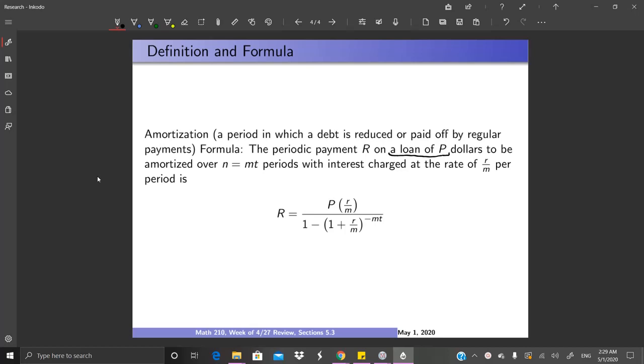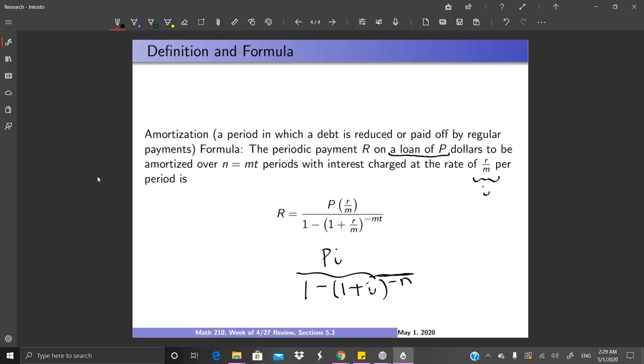N is still equal to M times T, the number of conversion periods times the number of years, that's T. And then R over M here is the value of I, right? So this formula can be written as P times I over 1 minus (1 plus I) to the minus N, right? So same thing.